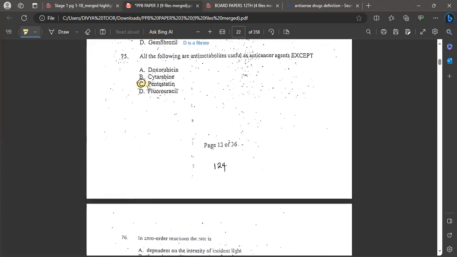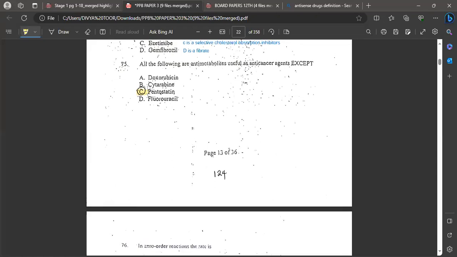Just go up, Divya. What was it? Pentostatin. I'm seeing that it's also an antimetabolite, and it's also used as an anti-cancer drug. Really?